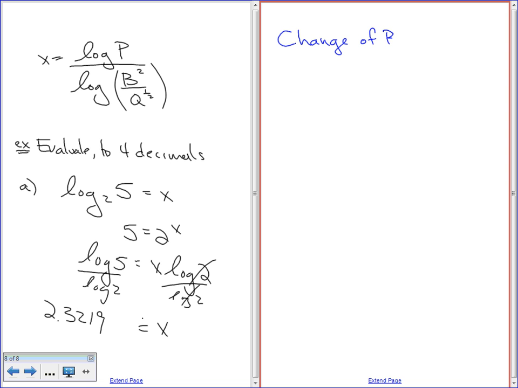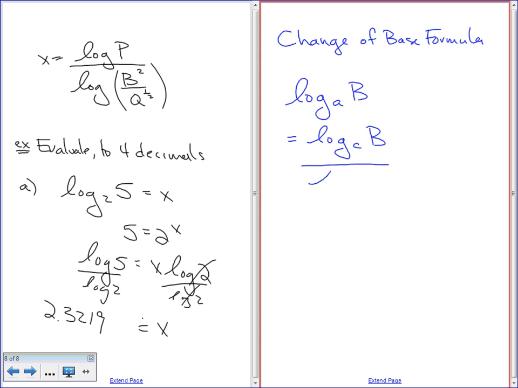Change of base formula. The change of base formula says that if I have the log of b to any base a, and I want to use my calculator to evaluate that, then I can change it into the log of b to any base I choose, so I'm going to put letter c there, over the log of a.